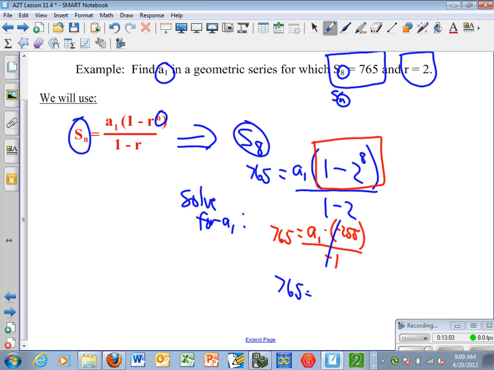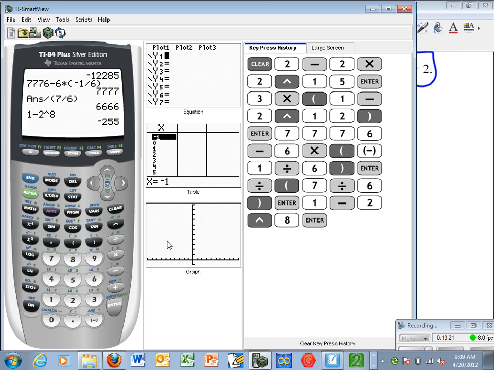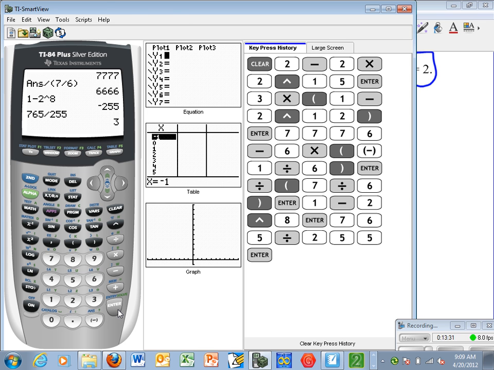So here's what I have left. 765 equals A1 times 255. Well, now I'm going to divide by 255. So if I take 765 and divide by 255, if I go back to the calculator, 765 divided by 255, it divides into a whole number of 3.